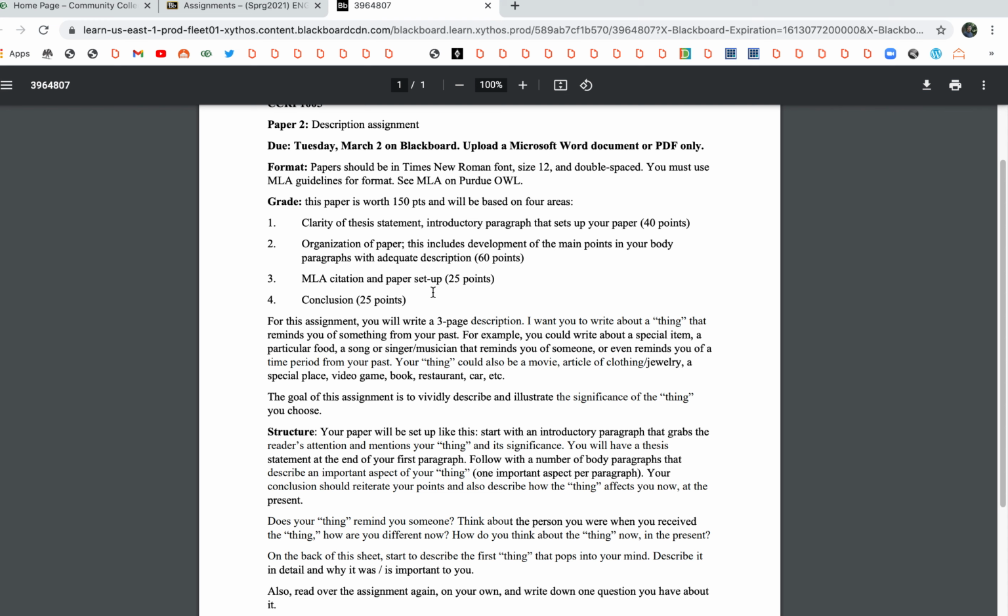Think about a special article of clothing. Think about something given to you, handed down from a family member. Something that reminds you of something from your past, right?